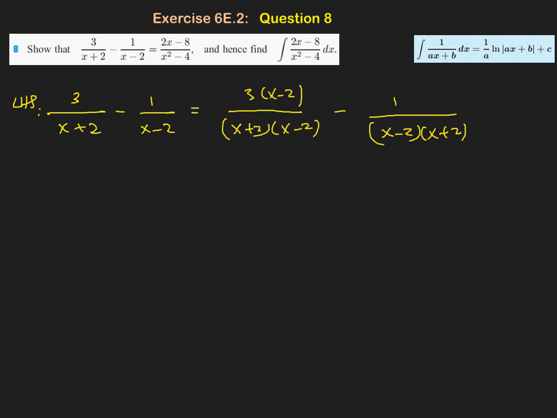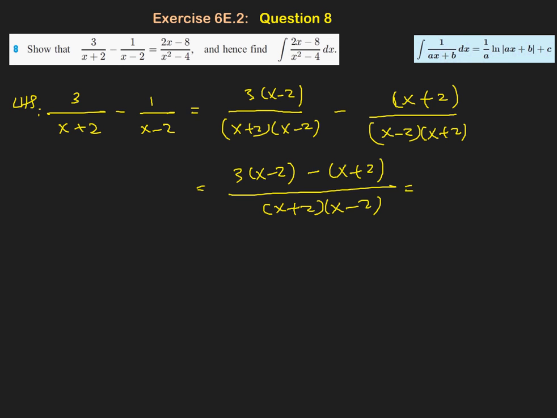Of course, you can't just simply multiply by x plus 2, because this is 1. Now let's combine them. Be careful of the sign, and if you do this correctly, you have 2x minus 8 over x squared minus 4. Done. Right, shown.